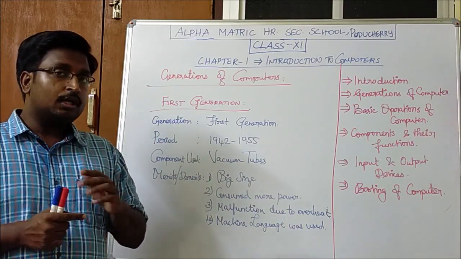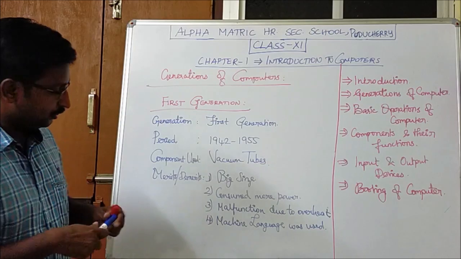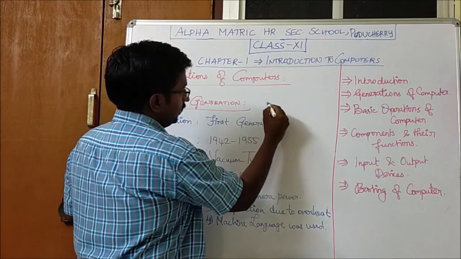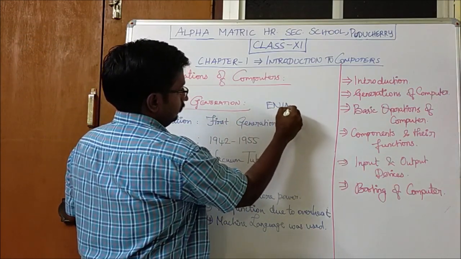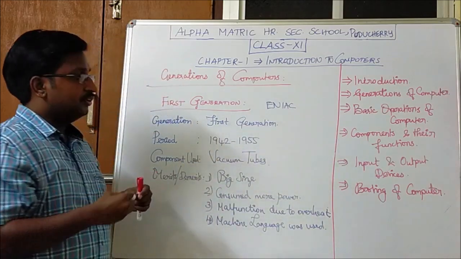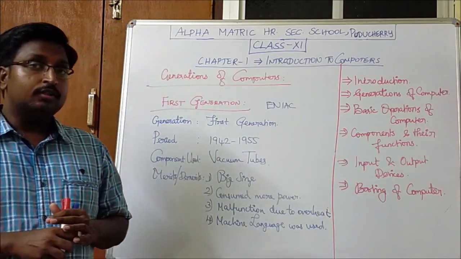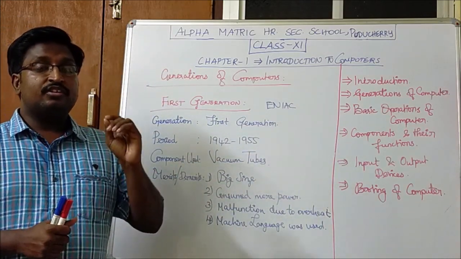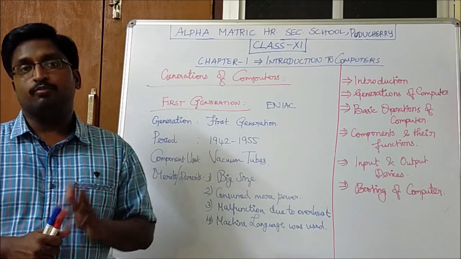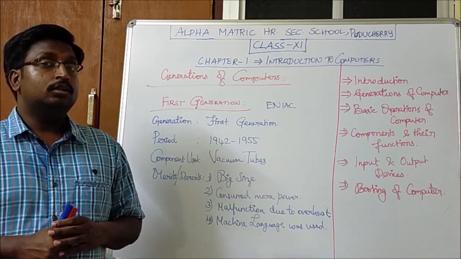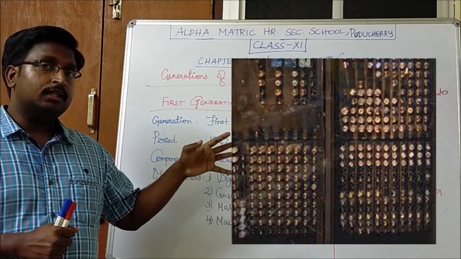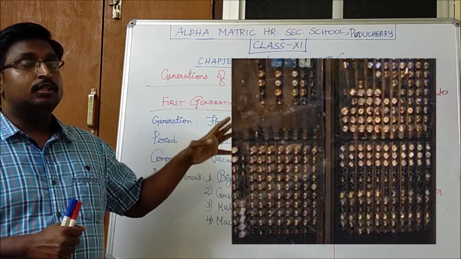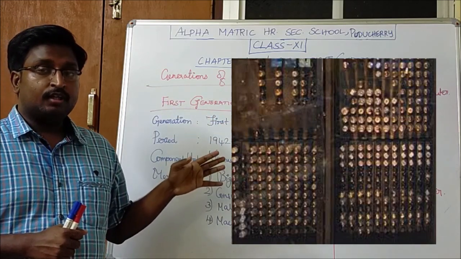The first digital computer is called ENIAC. This is the first digital computer, where they used 17,000 vacuum tubes. This is the image of the ENIAC, and you can see the vacuum tubes used.